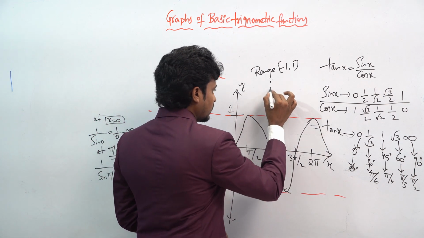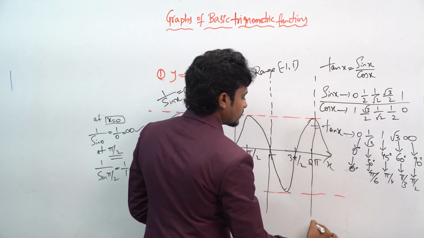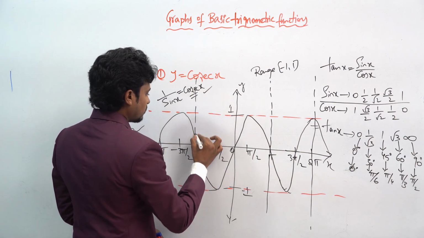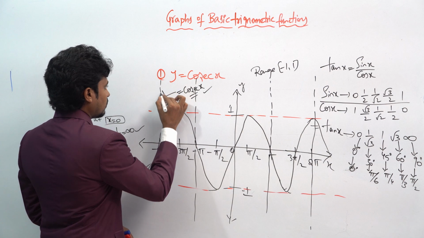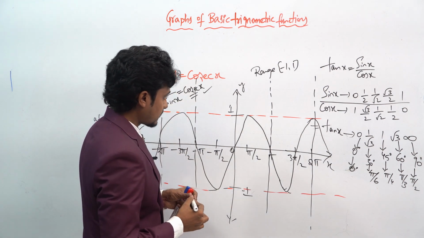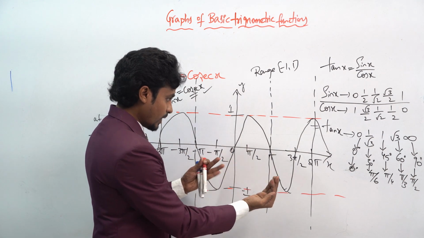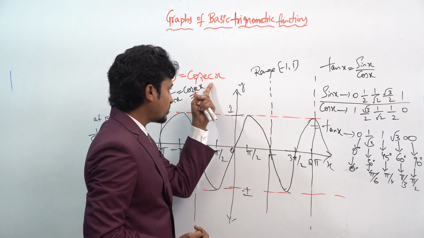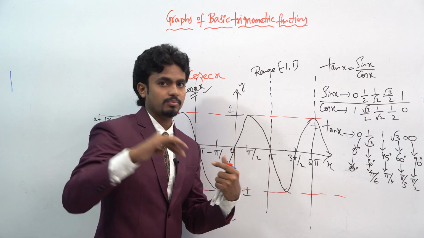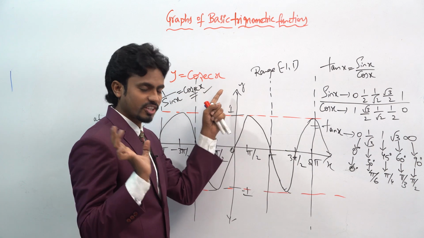At pi you will get asymptotes, and next at 2 pi you will get asymptotes, and here also at minus pi and minus 2 pi you will get asymptotes. From this asymptote concept only, we can say whether cosecant of x is an even function or an odd function. Hence y is equal to cosecant x is an even function.